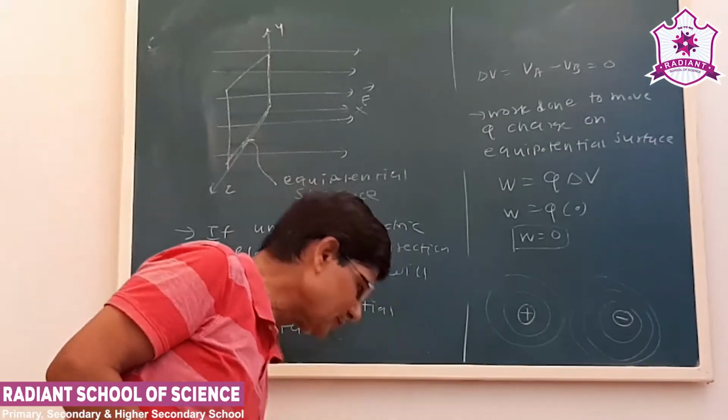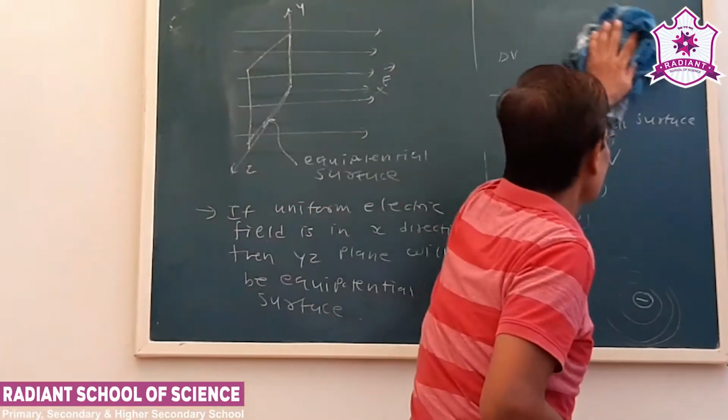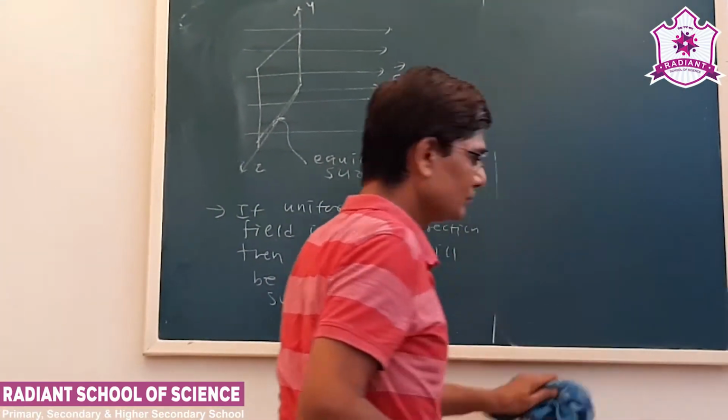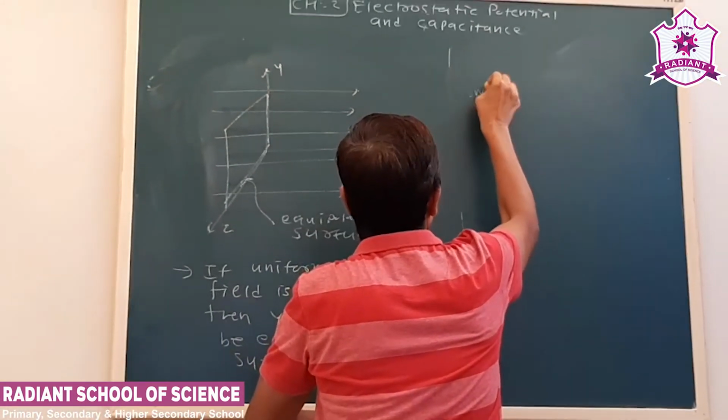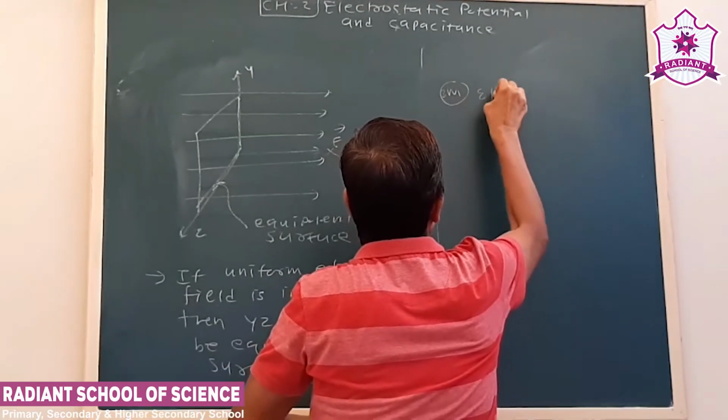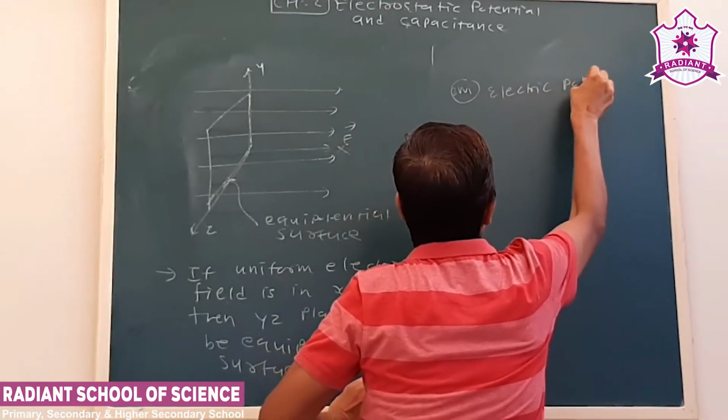Now next we have to see potential due to thin spherical shell. See, this can be asked in a 2-mark question. Electric potential.